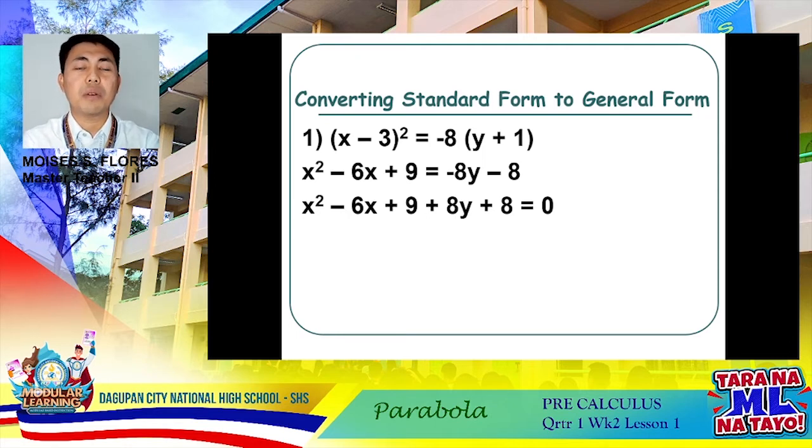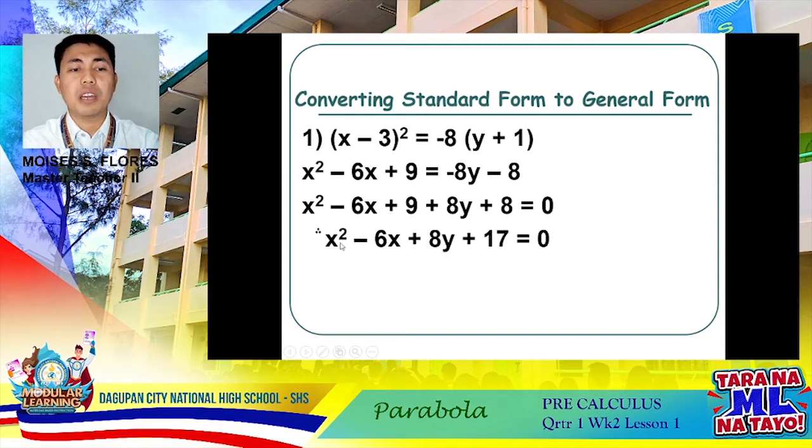What are our like terms here? Simply your constants. And we arrange in the general form. Therefore, we have x squared minus 6x plus 8y plus 17 equals 0. How did we arrive at 17? 9 plus 8 is equal to 17. So that is how to convert standard form to general form.